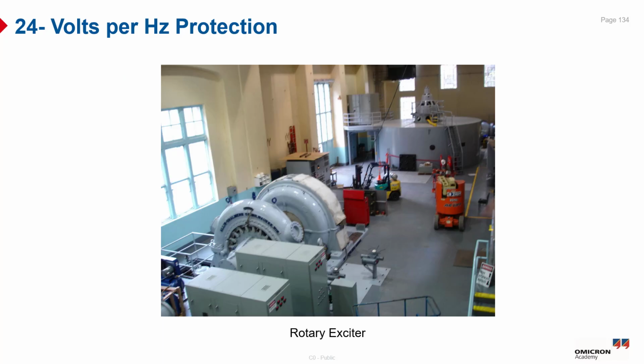Typically V over F relays are set around 110% with a time delay of 5 to 10 seconds to allow for normal transients. It's important to note that generator overvoltage can occur even without exceeding the V over F relay setting, for example during large overspeed conditions in hydro generators. This protection ensures the generator and associated equipment are protected against insulation stress and potential damage.